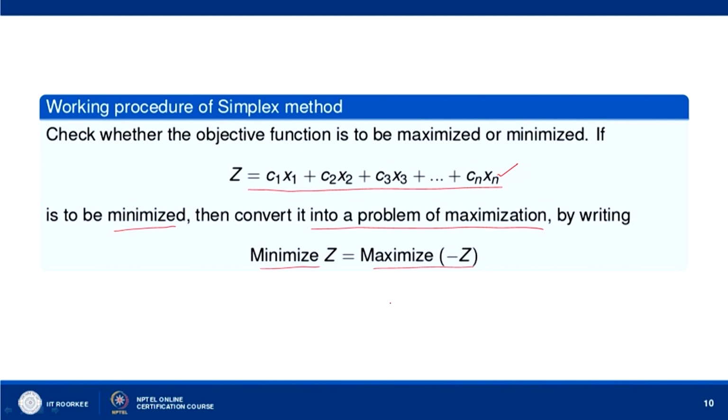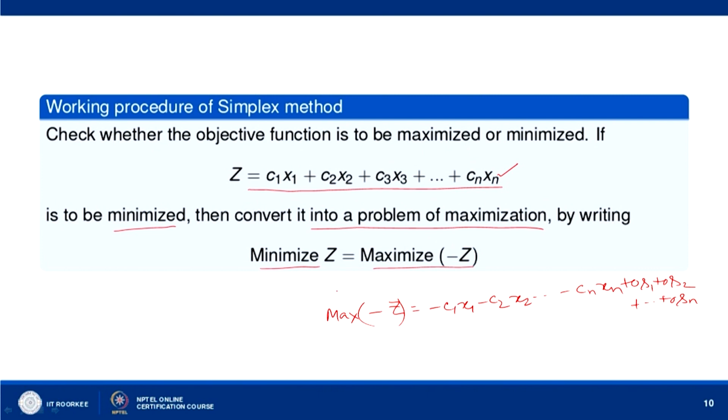Suppose the problem is minimization, then we will consider maximization of minus z. So, we will have minus C1 x1 minus C2 x2 ... minus Cn xn, and then 0 S1, 0 S2, ..., 0 Sm. So, coefficients of the slack variables are taken as zeros, and coefficients of x1, x2, ..., xn are taken as minus C1, minus C2, ..., minus Cn if the problem given is of minimization.